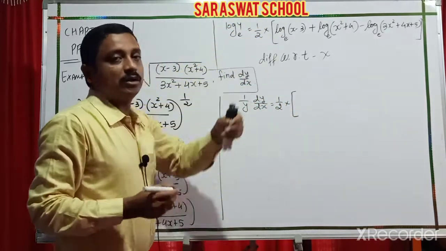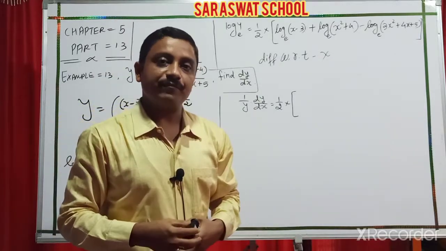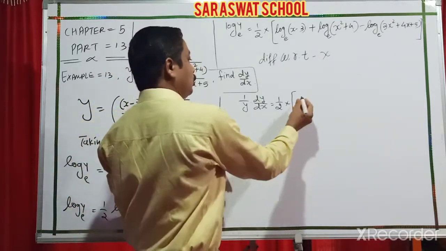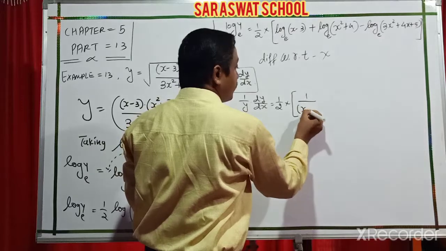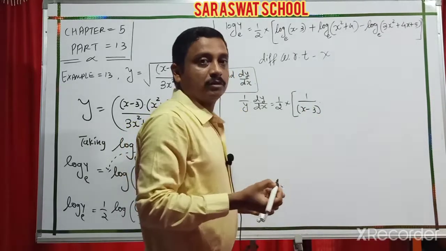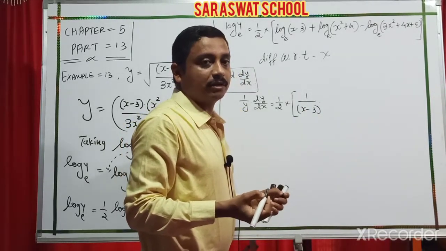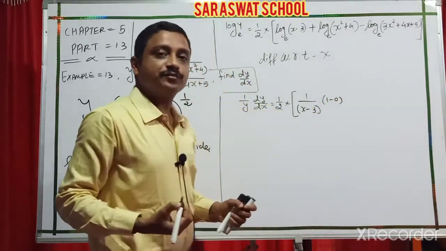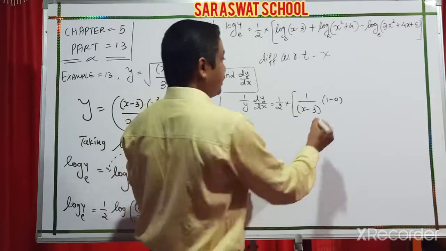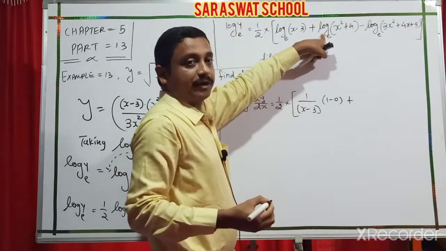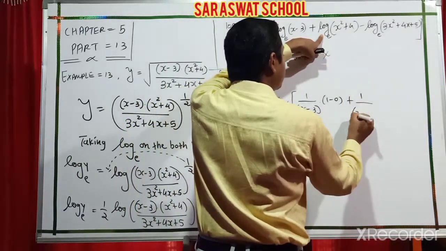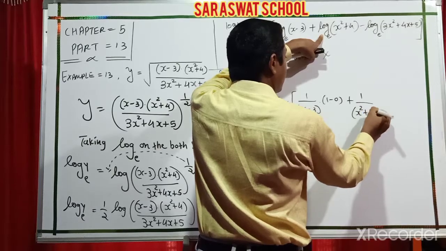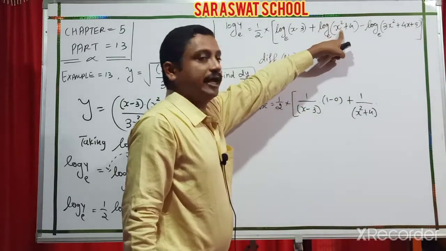Now the log function derivative: 1 upon x minus 3 into the derivative of x, which is only and only 1, and the derivative of 3 is 0. Now the log function derivative 1 upon x square plus 4 into the internal derivative.